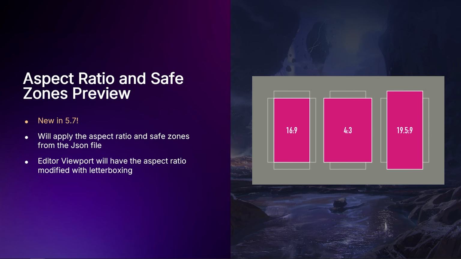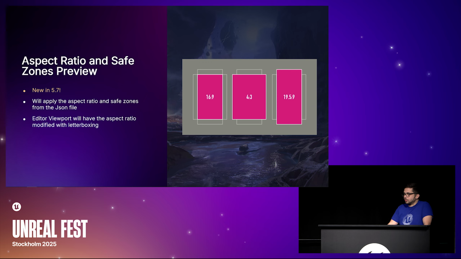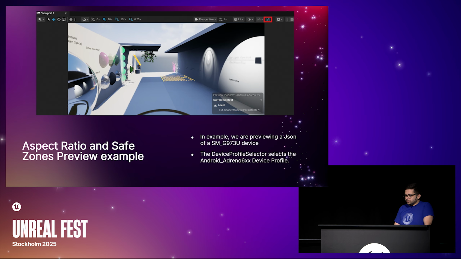The editor viewport will use letterboxing on the left and right, or top and bottom of the viewport to actually simulate this. This is important again to help you see better how your content will look in the editor preview, and how it will look on the target platform you're trying to target, like Android, iOS, and so on.